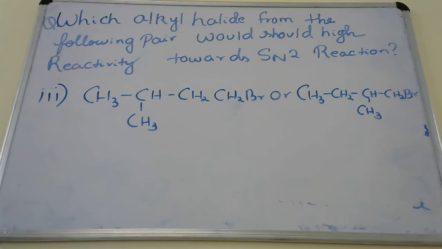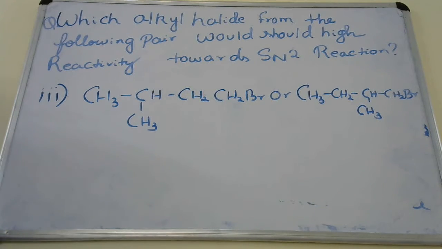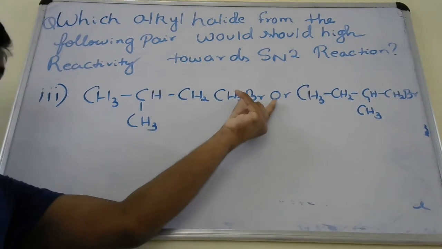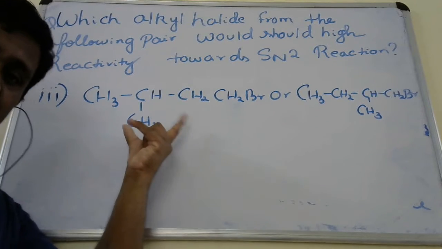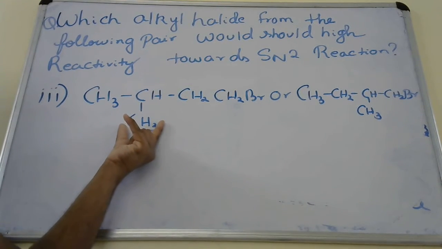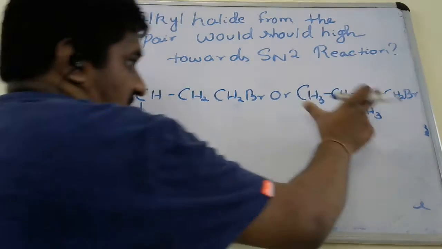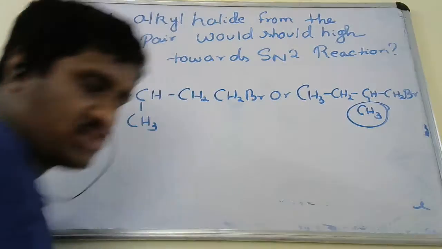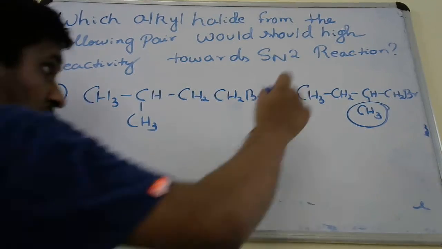Observe that in the first alkyl halide the branched methyl group is farther away from the halogen, whereas in the second alkyl halide the branched methyl is closer to the halogen. So this one is more crowded.